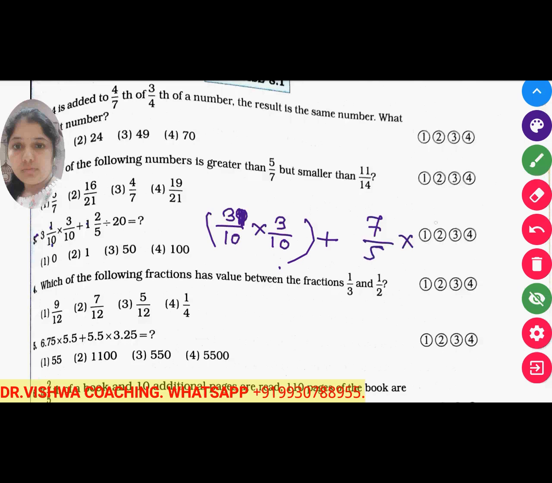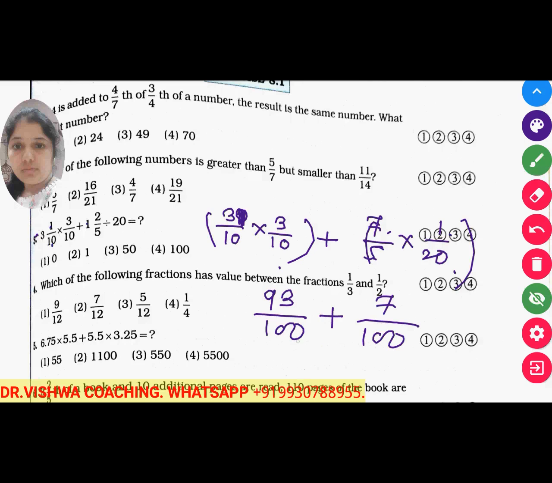Divided by 20 means into 1/20. Okay, so it becomes 31 3s are 93/100 plus 7/100. 7 1s are 7, 5 20s are 100.